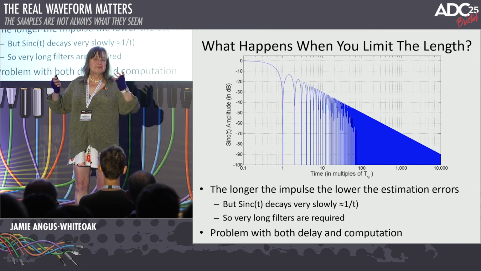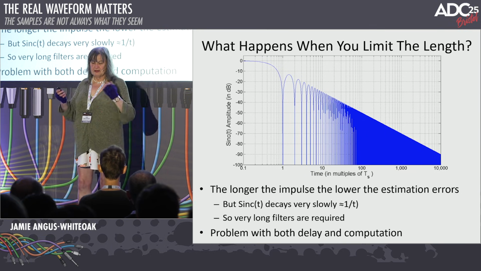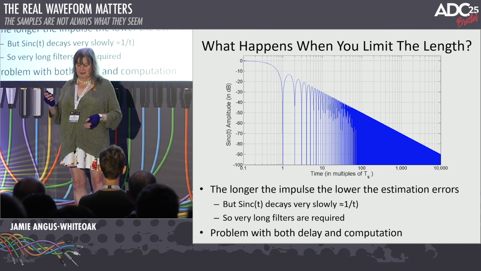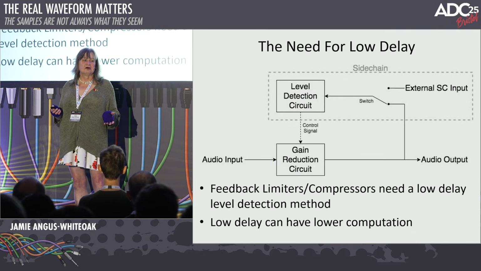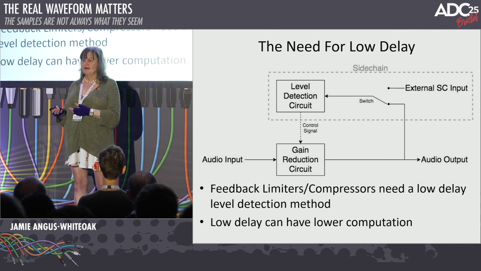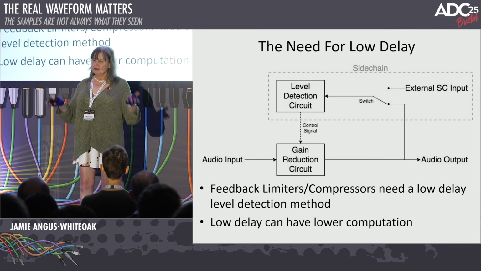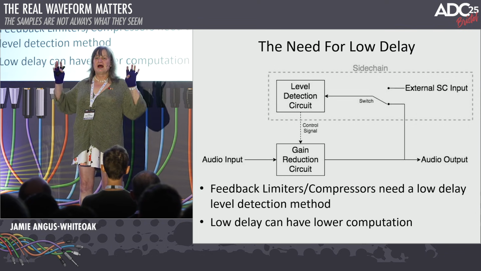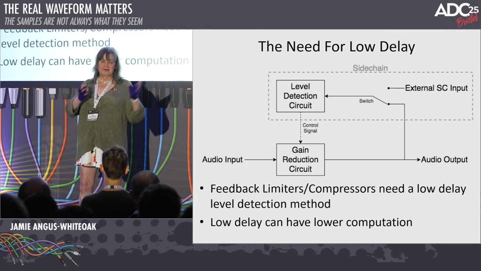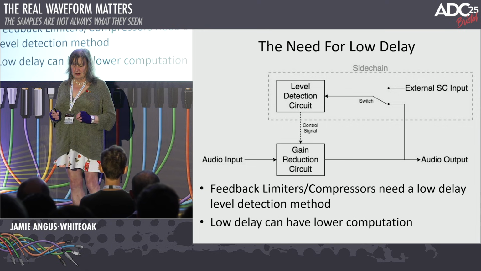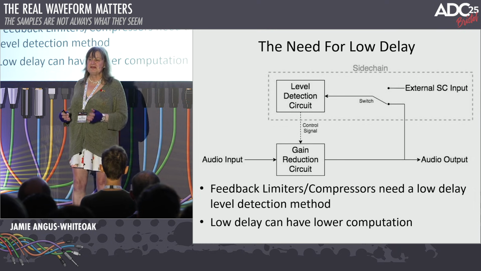A lot of the time we can deal with it and we just pay the cost of the computation. But sometimes we can't. So if we're trying to emulate a feedback compressor, a lot of the classic compressors from the early days of audio were actually feedback-based compressors.